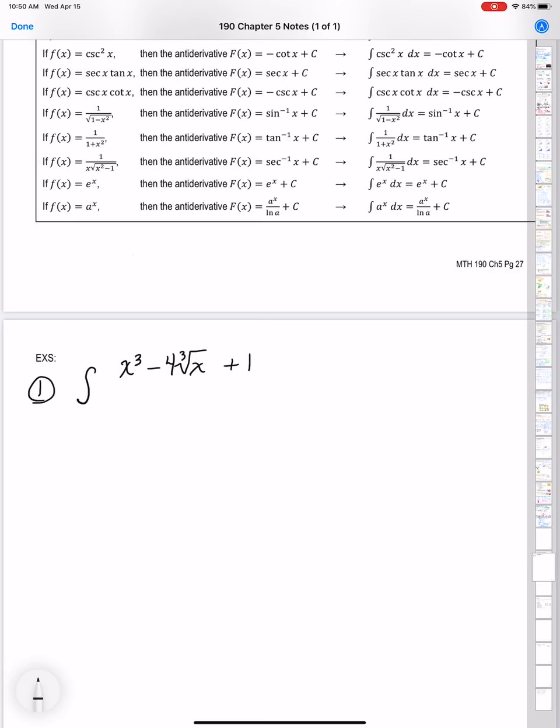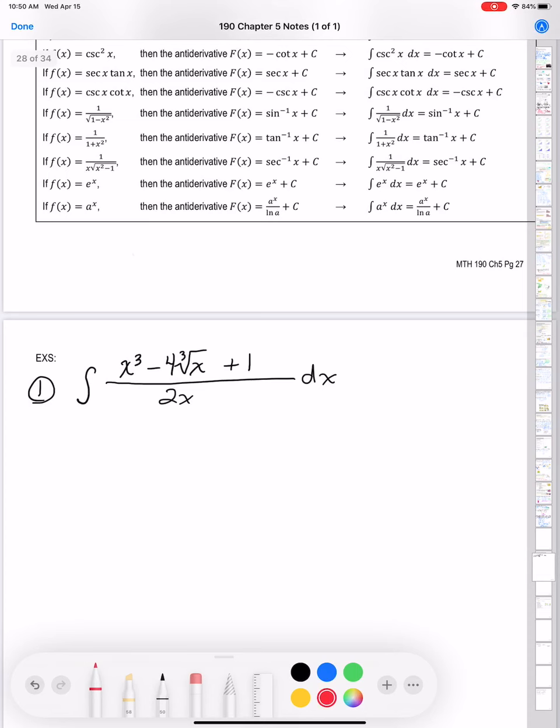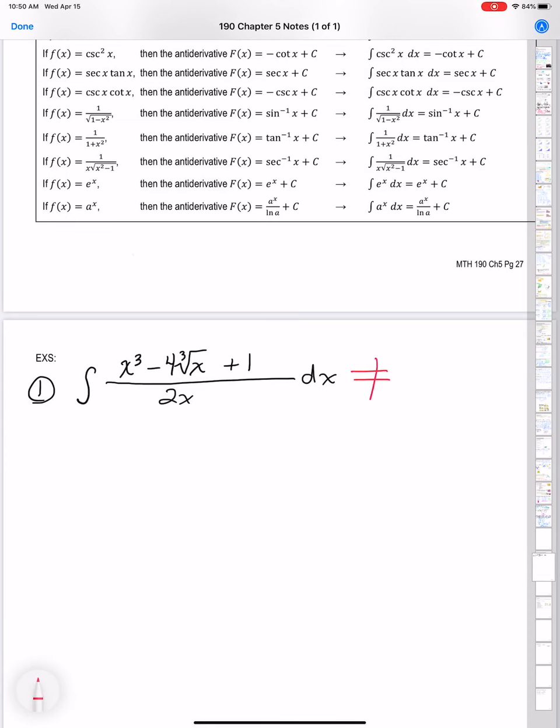Now we could take an antiderivative, or integrate term by term, but as soon as I do this, we're going to divide the whole thing by 2x. Now we have a quotient, and we can't take the integral or the antiderivative of a quotient by taking the quotient of the integrals. That's the first big caution as we remember some of these things.